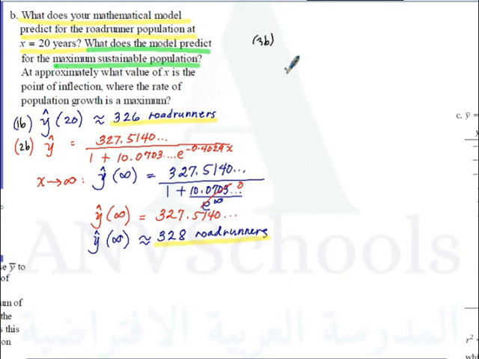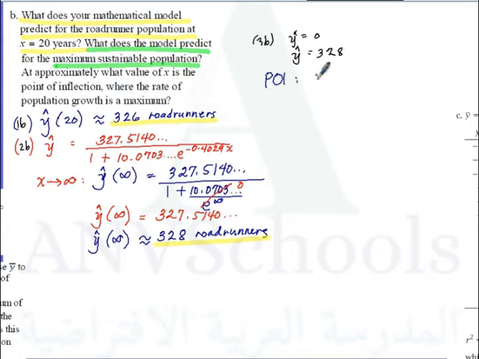The point of inflection occurs at the midpoint of the asymptotes. Our asymptotes here are y hat equals 0 and y hat equals 328, the maximum allowable population of the roadrunners. So the point of inflection, POI, is the midpoint of these asymptotes.